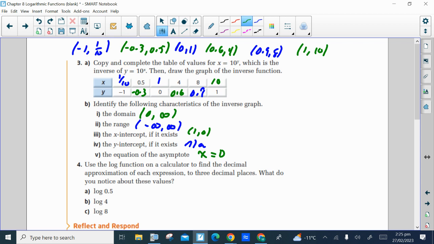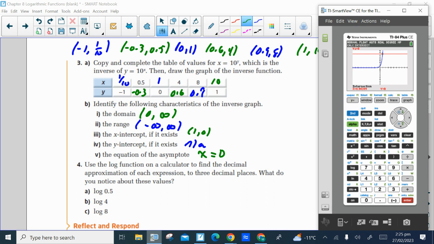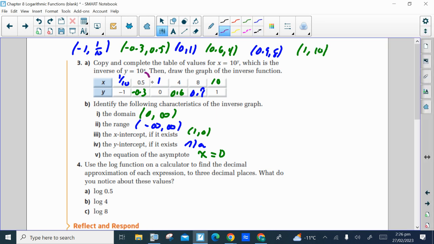Now, number 4 says, use the log function on a calculator to find the decimal approximation for each expression. The first one is the log of 0.5. Your log key is down here on the left, just to the left of the number 7 key. If you take the log of 0.5, you get negative 0.3, which matches this point right there.